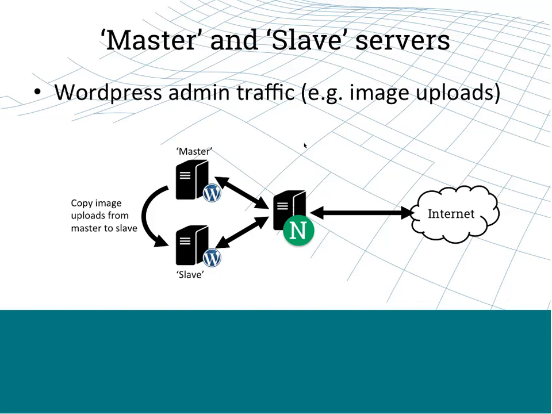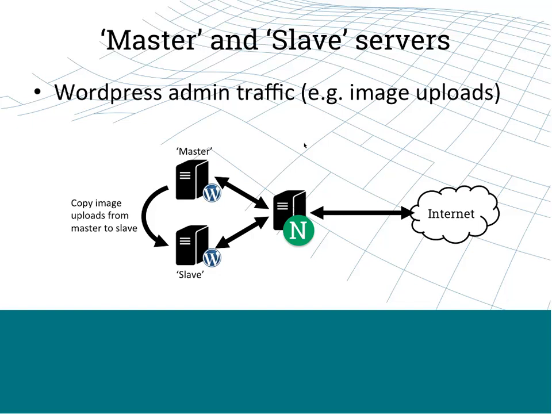But an administrative user who's making configuration changes, perhaps writing a new article, uploading images for that article, those images are stored on a local disk on the master server, and then they're rsynced across to the slave servers. In that case, you might want to identify particular traffic and send it just to the master server. However, if the master server were to fail for any reason, you'd want to fall back to a backup server.